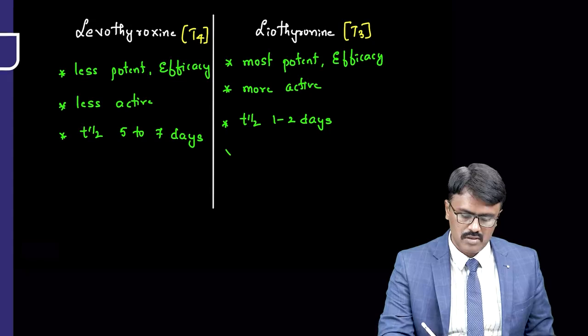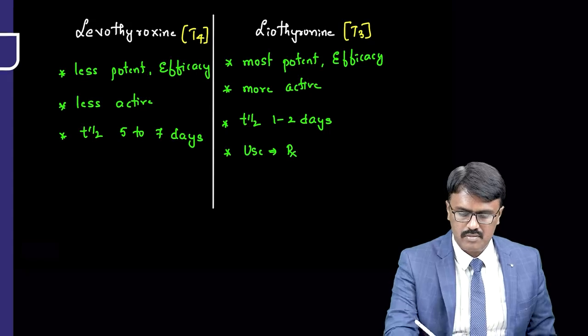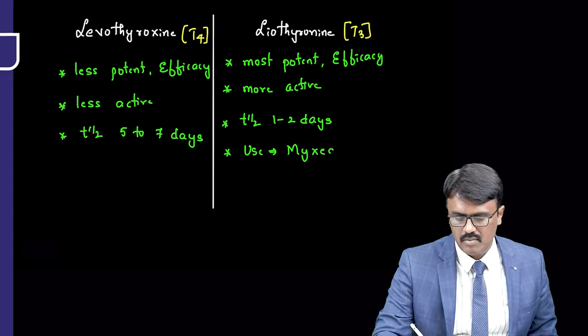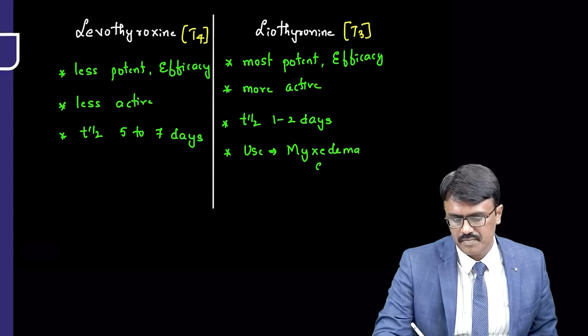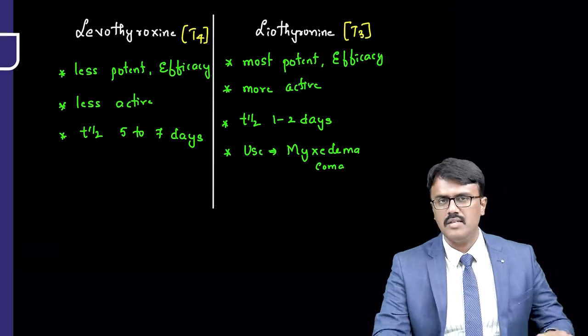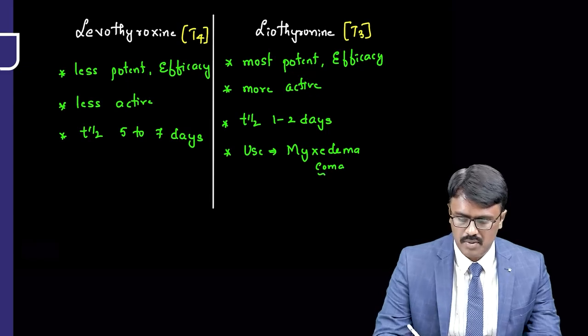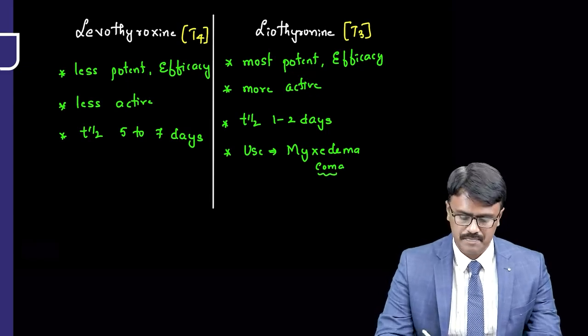Now, where do you use it? Liothyronine is mainly used in the treatment of myxedema coma. So it's an emergency where the thyroxine levels have gone so far down that the patient will slip into a coma. It is called myxedema coma.